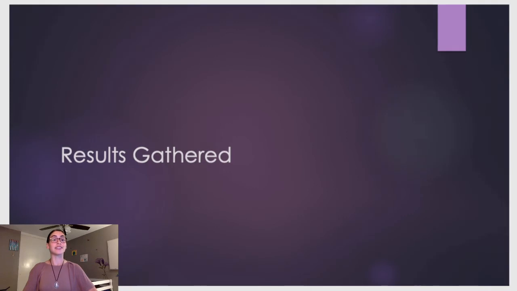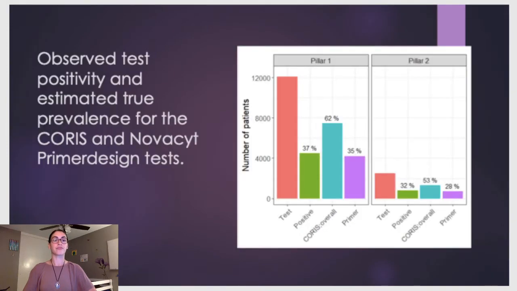Nathan Green gathered several informational results from the sensitivity and specificity analysis of the COVID tests in question. We are observing the test positivity and the estimated true prevalence for the Chorus and Novacyte Primerdesign tests. In the article, this information was presented in both a bar plot as well as a table with raw numbers.